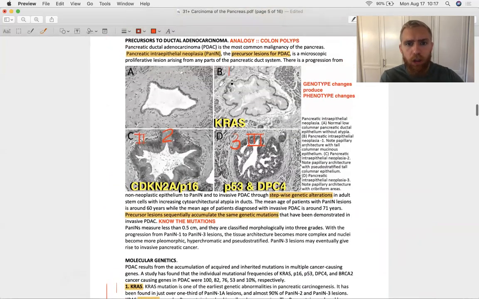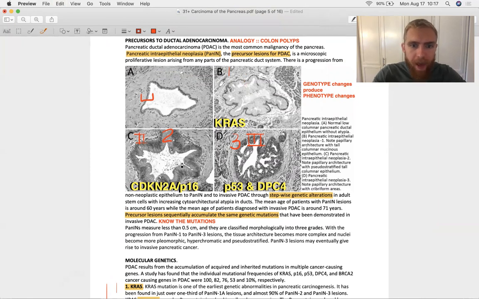So going back and looking again at these precancerous lesions, we see normal in quadrant A, and it's just got a single cuboidal epithelial layer. Then we look at a Panin-1 and we see there's some hyperplasia of that epithelial layer. It's really puffed up and there's a lot of cells in there.